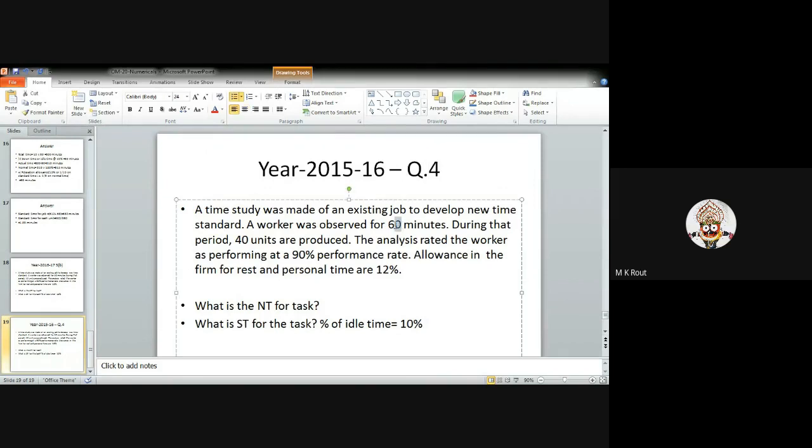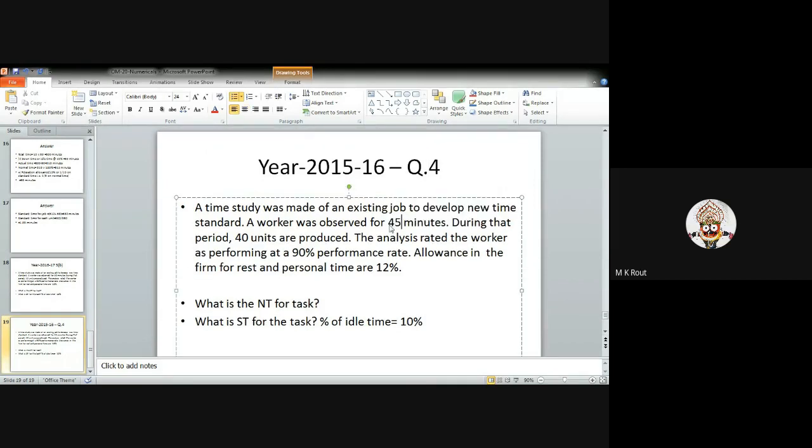This one is given 45 minutes, and this is given 30 units, and the performance rate is given 90%, and allowances is given 12%. Calculate the normal time for the task and the standard time for the task. I repeat the question.